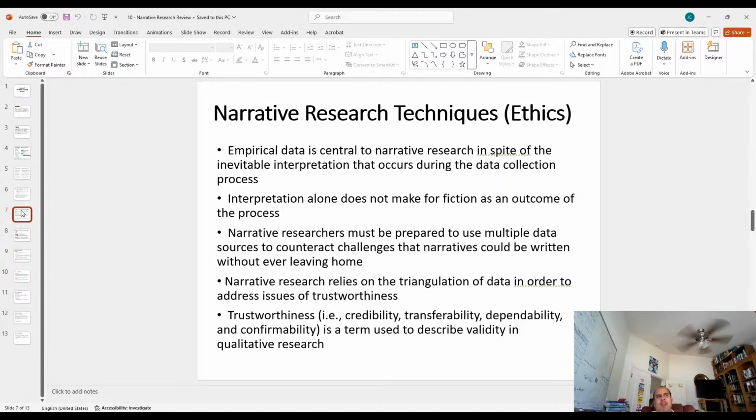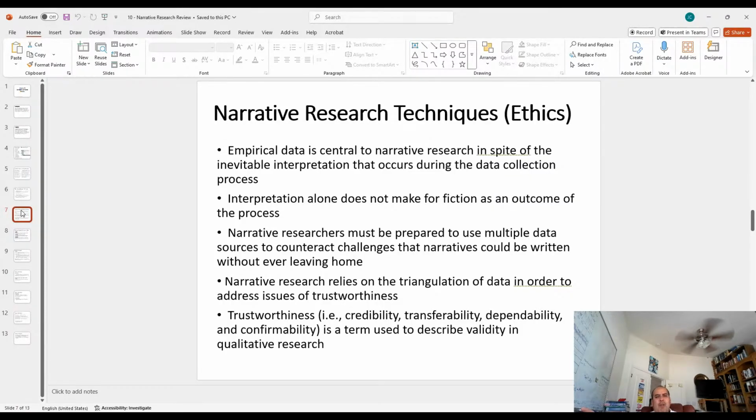If your research is trusted, triangulation means you should collect at least 3 different types of data. It might not just be interview data. It may also be survey data. It may be focus group data. It may be other types of data, okay? And trustworthiness is really a term that is used to describe the validity in qualitative research, not in quantitative, okay?